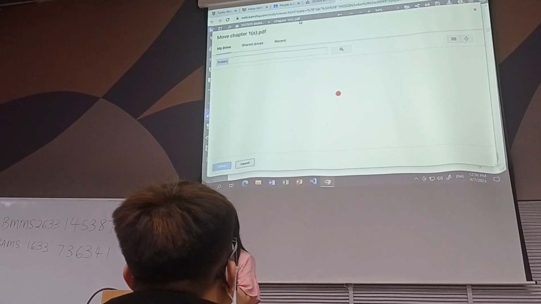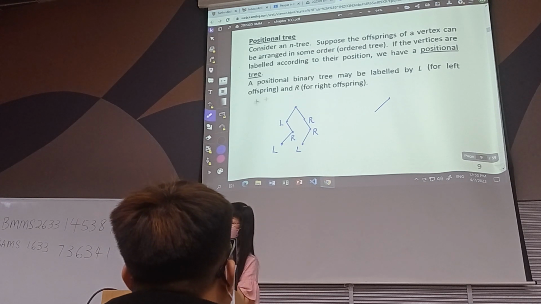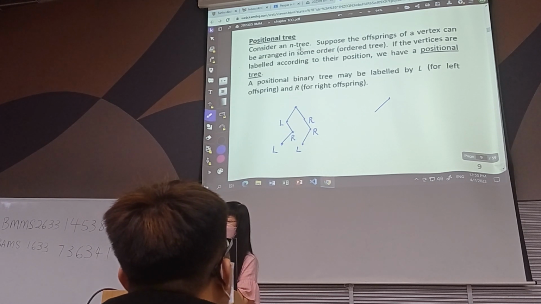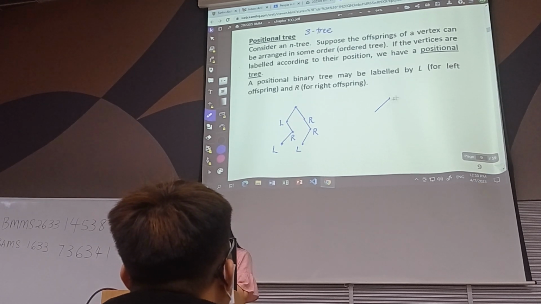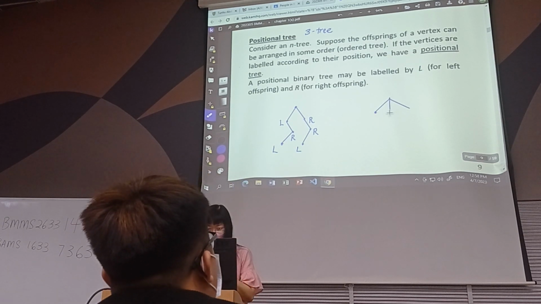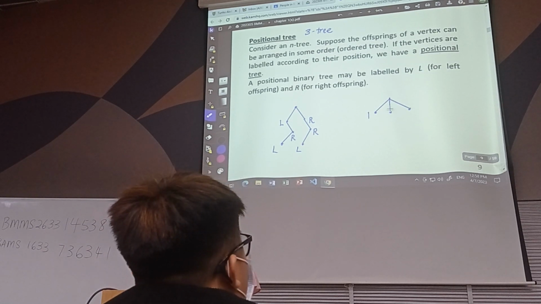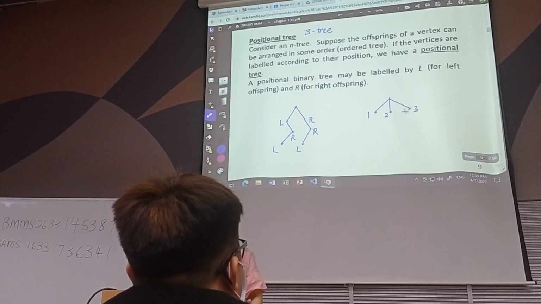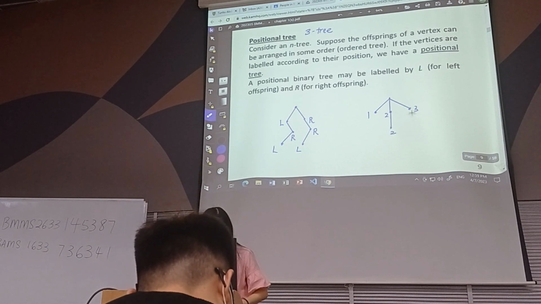If now I change to position 3 here, the n becomes 3. So how many paths maximum here? 3, right? So we will always follow their position. The left hand side, if I label it as 1, so every time I will label the left hand side as 1. 1, 2, 3. This one comes down, so you have 2 here.